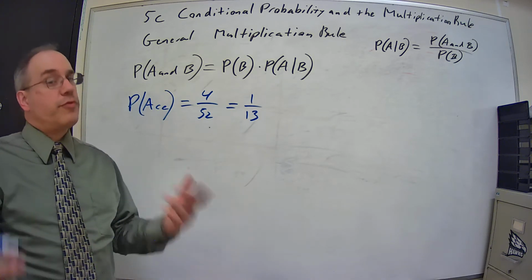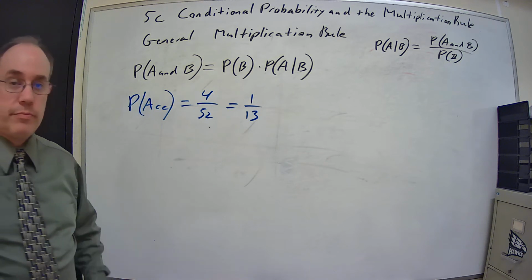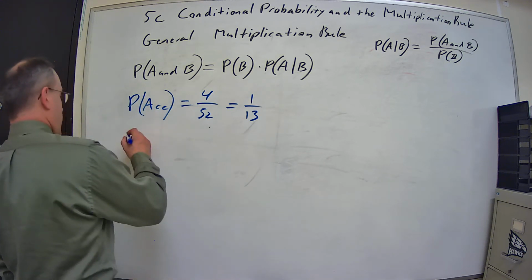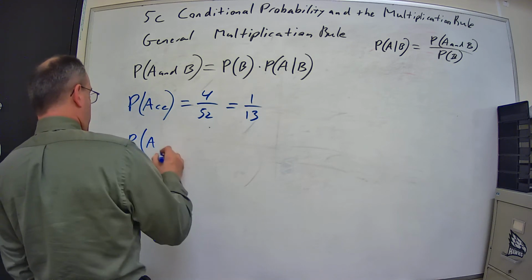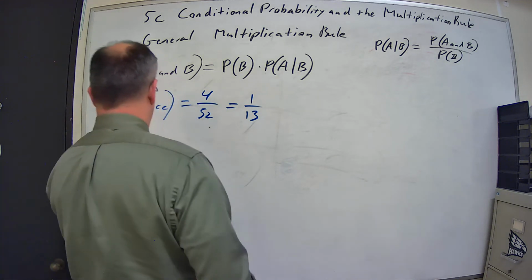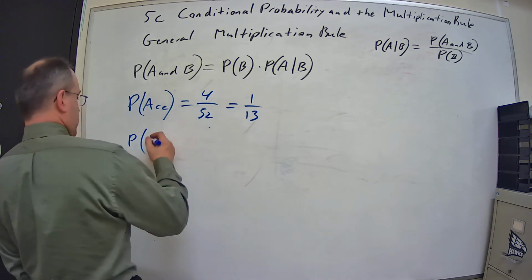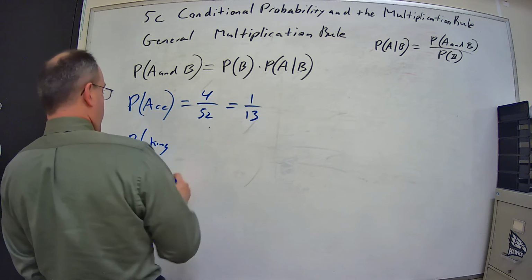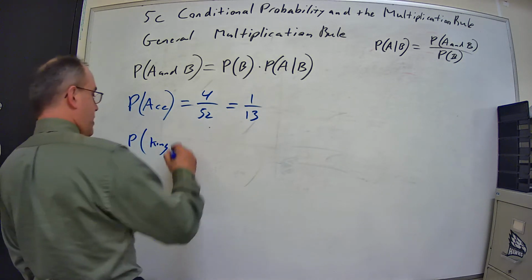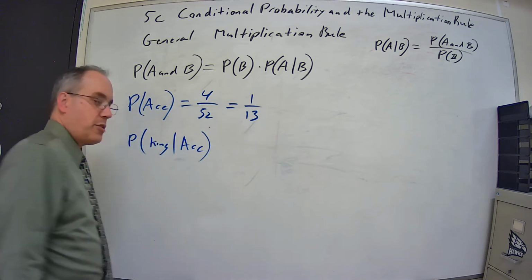So 52 cards, 4 aces, 4 out of 52 or 1 over 13. What's the probability of pulling a king from a deck of cards given that we just pulled an ace?